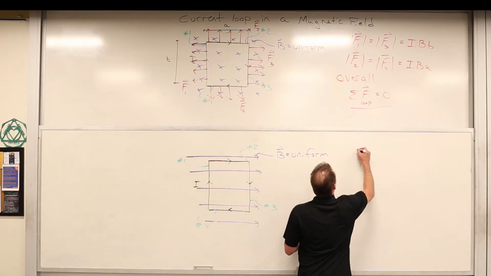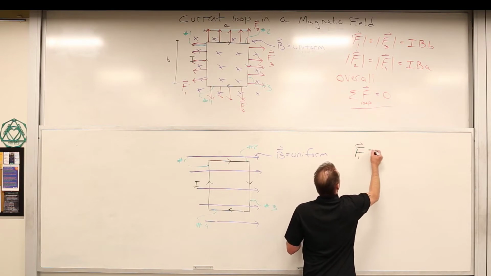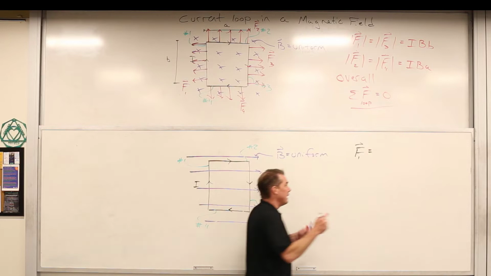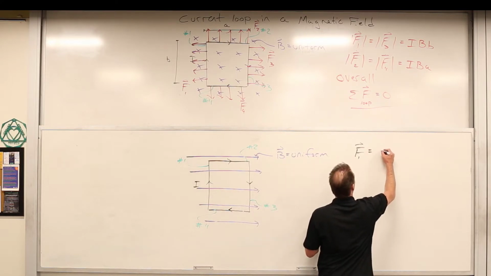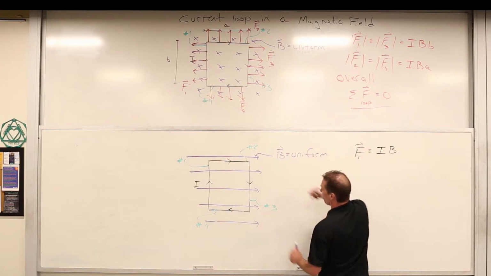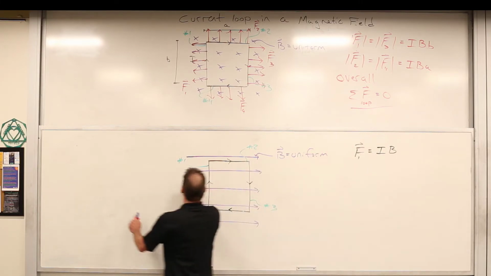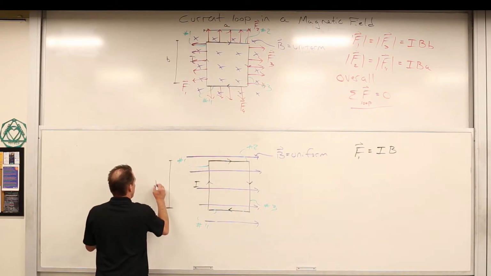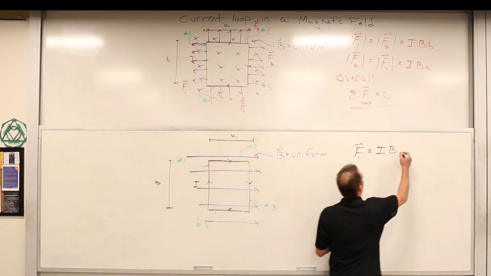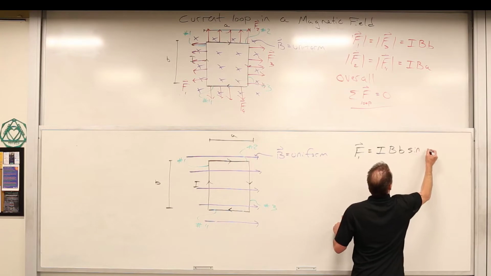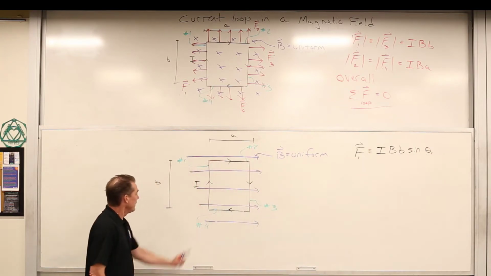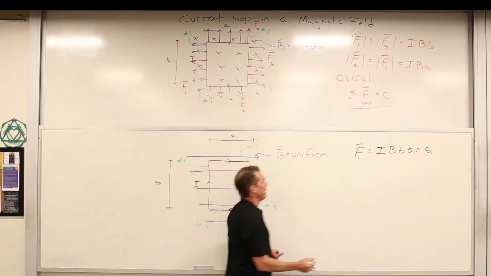So, we can look at the force on segment number 1. Well, again, in general, we have that it will be I times B times the length of the wire, which was B in this case. This is B by A. So IBB times the sine of theta 1, we'll call it, where theta 1 is the angle between I and B, which is 90 degrees.